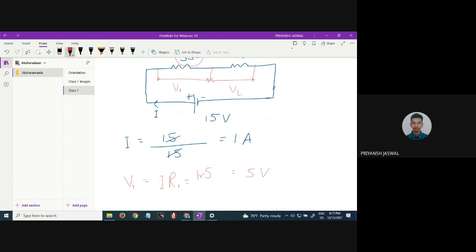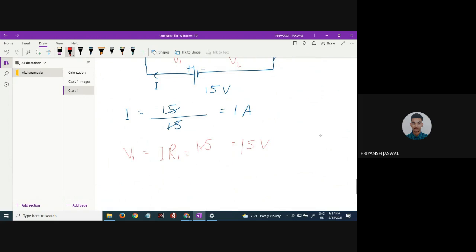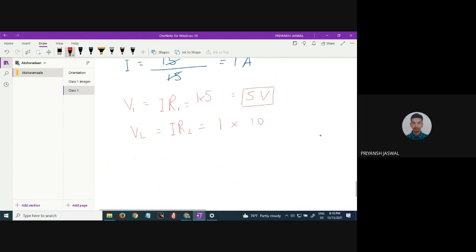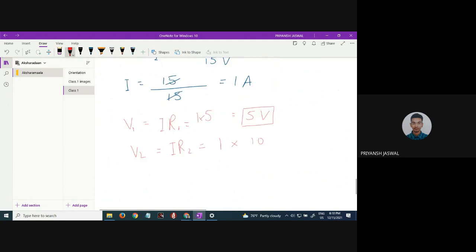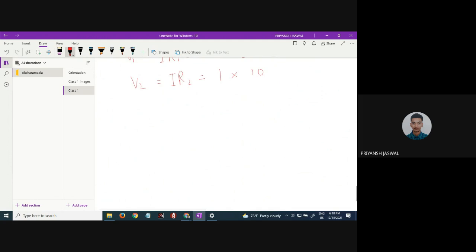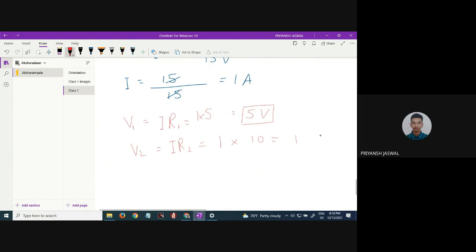And the drop across the 10 ohm resistance will be I into R2. It is again 1, the same current because it is a series combination, and 10 is the resistance here. So it gives us 10 volt.